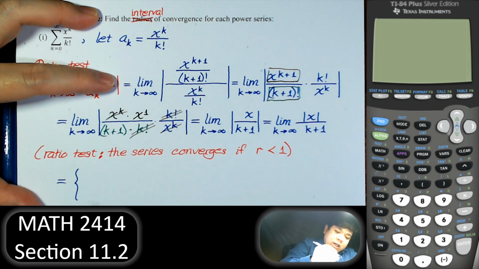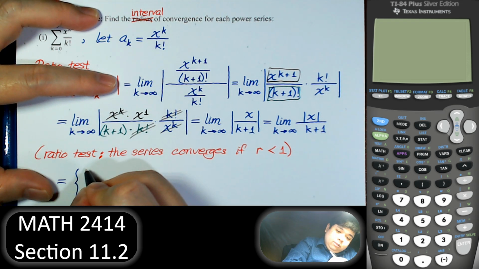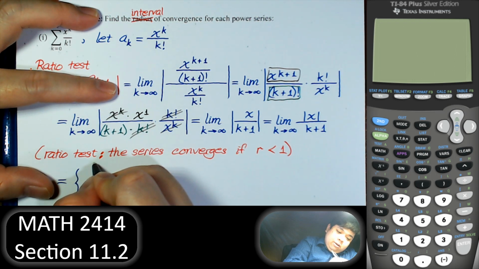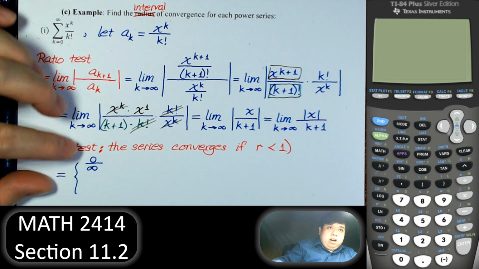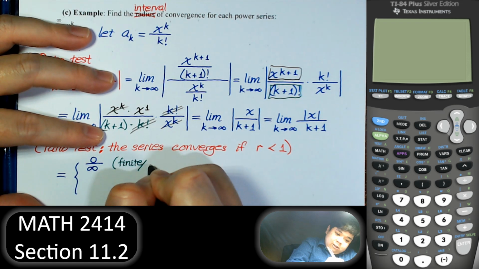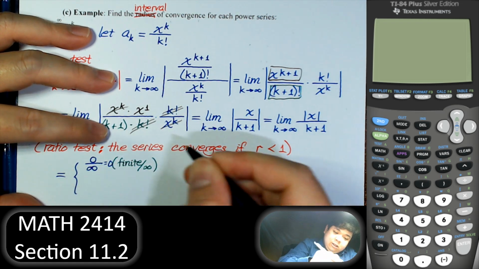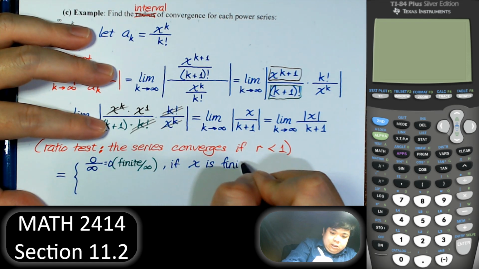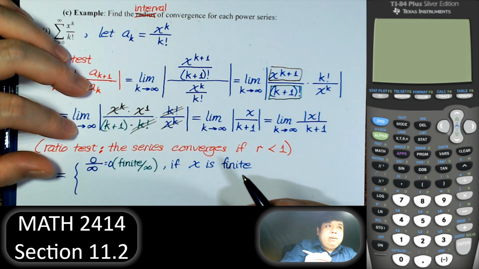Number one, it will be equal to finite over infinity, which is equal to 0. That is if x is finite, or absolute value of x is finite, either way.